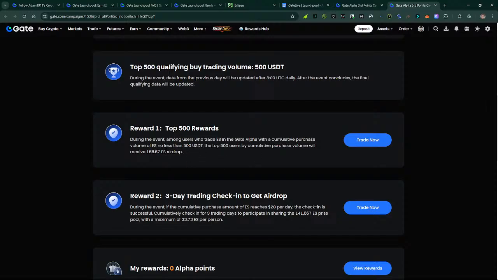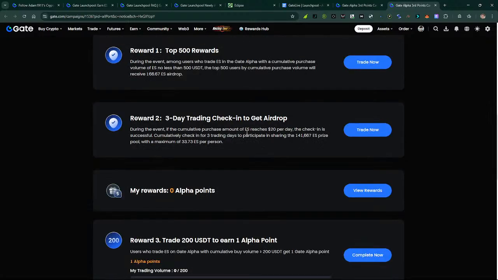We already talked about it though. The top 500 users by community purchase volume will receive around 166.67 ES airdrop. And there is the 3-day trading check-in to get the airdrop, so you have to check in for 3 days.